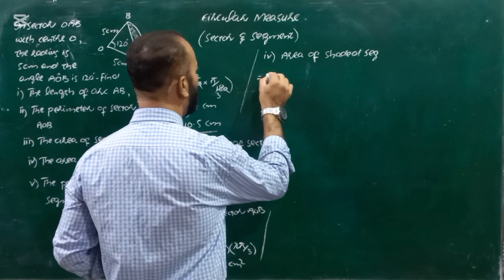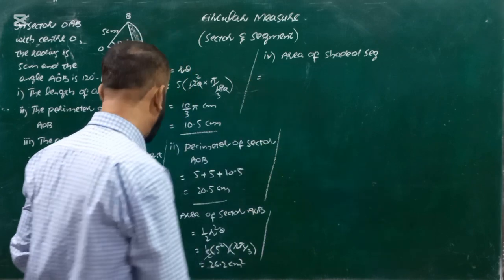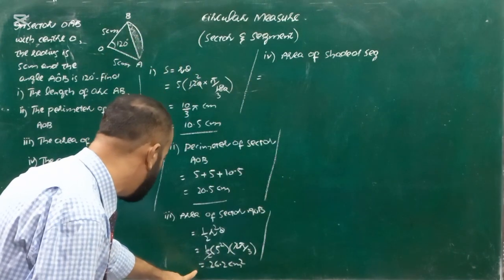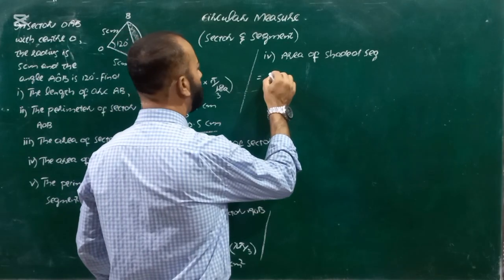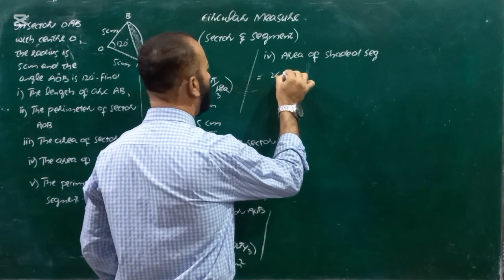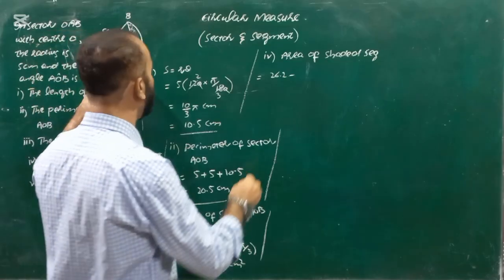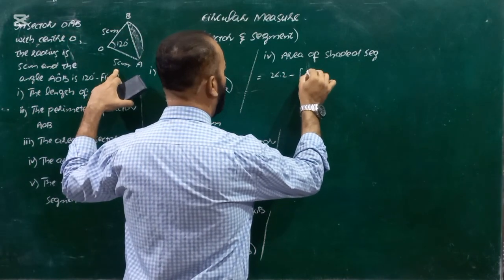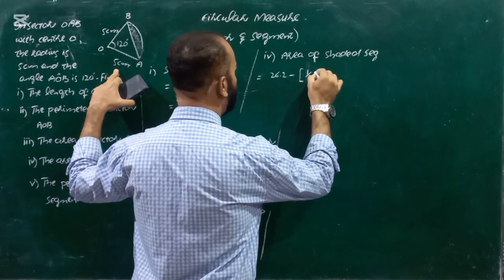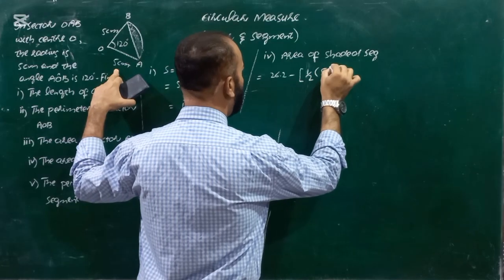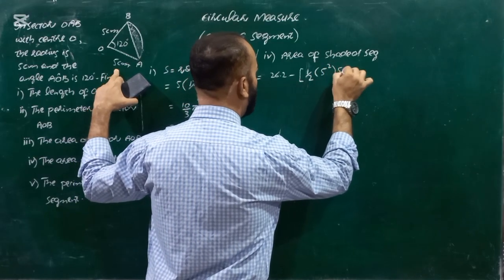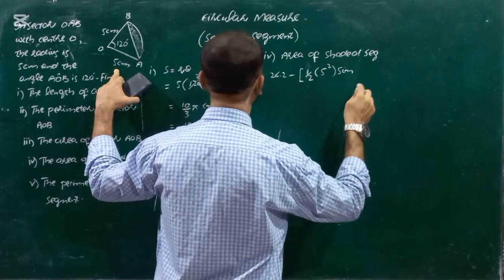The area of sector is 26.2, minus the area of triangle, which is 1 by 2 into r square into sine of the internal angle.